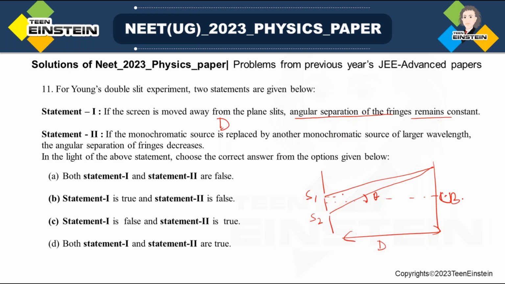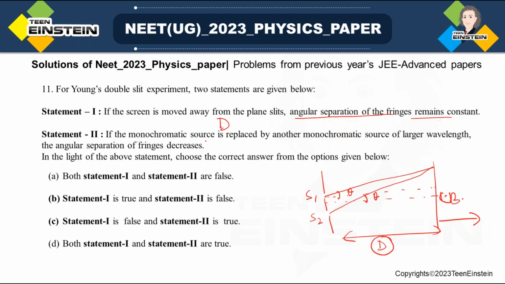This theta is the same for all of them. That means the fringes have the same angular separation. So the question is, if the screen is moved away, that means D is increasing, whether the angular separation of the fringes will remain constant or will change, that we have to see.